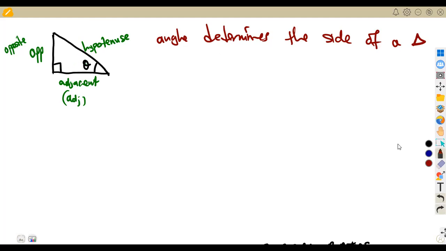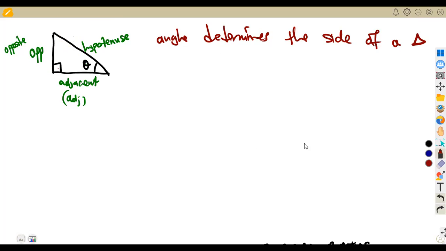Like I said, when you are given a right angle triangle, this is the biggest possible angle that you can have. The other angles will be smaller than 90 degrees, because remember, our angles should add up to 180 degrees. So the moment we take 90, it means these two angles should add up to 90 degrees. So they are smaller than 90 degrees.